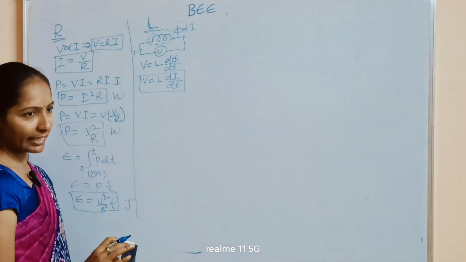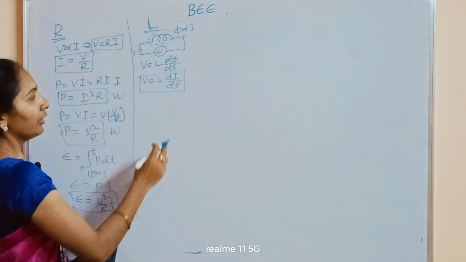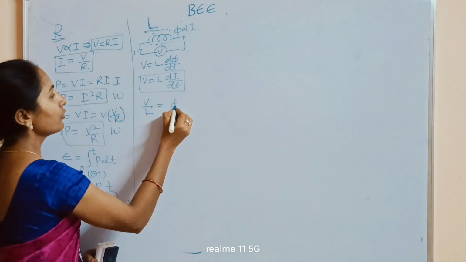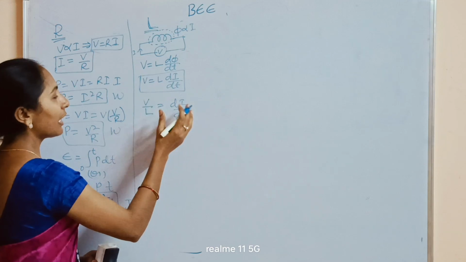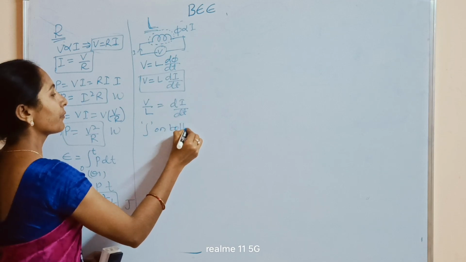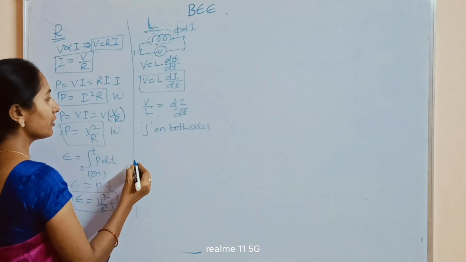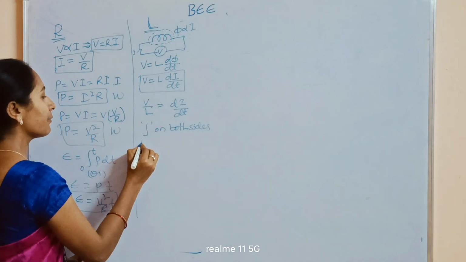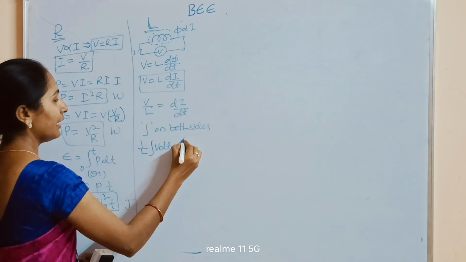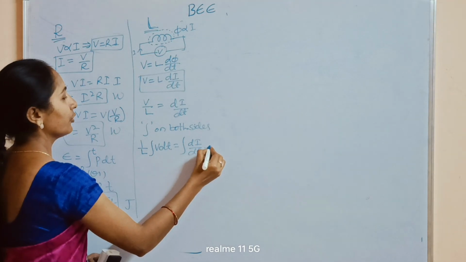Now coming to the current expression. How can we get the current expression from this? Here L is multiplying, so coming to this side, we can write V by L equals di by dt. Now we can apply integration on both sides. Here L is constant, so directly I am writing 1 by L integration of V dt equals integration of di by dt into dt.